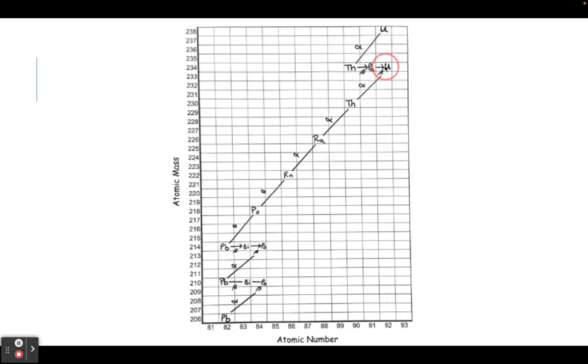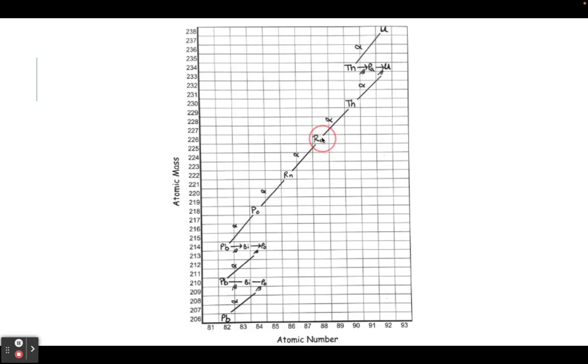Each alpha decay, you lose 4 in mass, and you go down 2 in your atomic number. So you lose mass by 4 and you lose your atomic number by 2. And then you undergo another alpha decay. So you lose 4 in mass and you lose 2 in your atomic number, 2 protons.